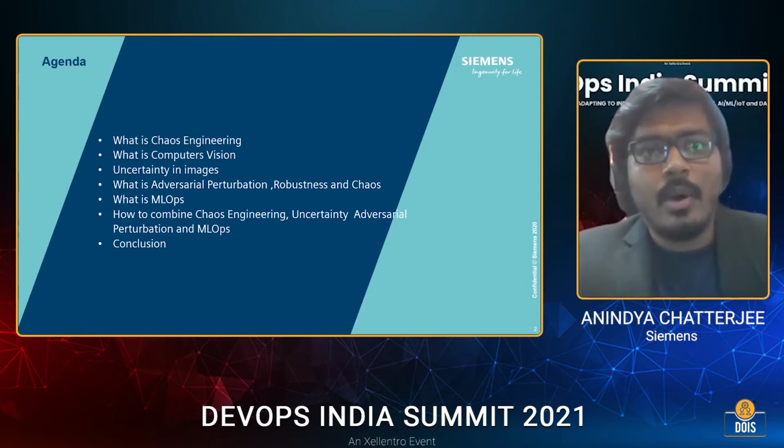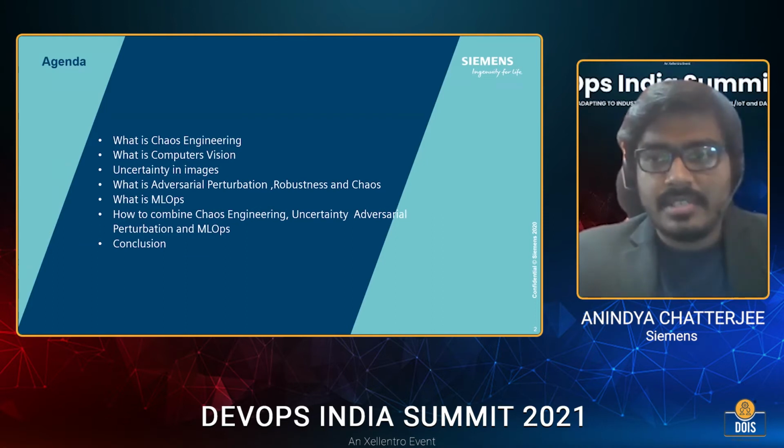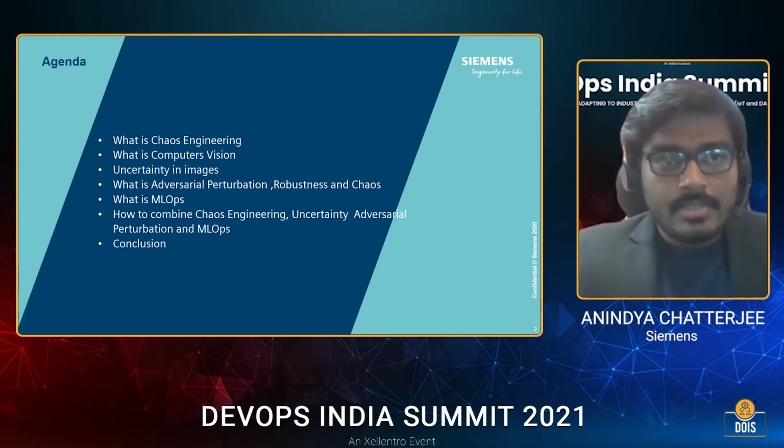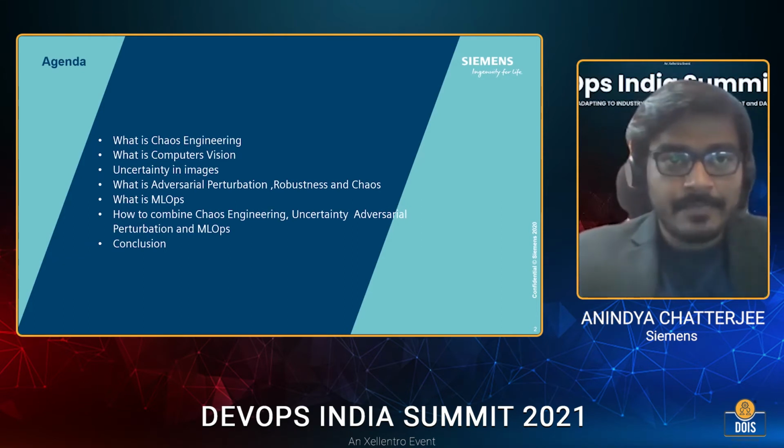We're going to talk about how we can track experiments using MLOps and how we can combine chaos engineering, uncertainty, adversarial perturbations, and MLOps and experiment using that. So without wasting any more time, I'll just start off with the presentation.